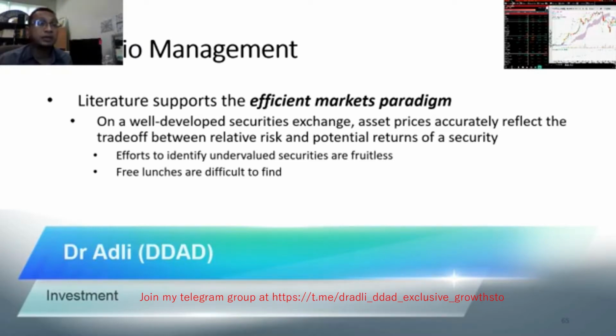Free lunches are difficult to find. Basically, asset prices are already there, and all the news and information are already incorporated. So it's very difficult for us to find undervalued stocks. That is the efficient market paradigm.